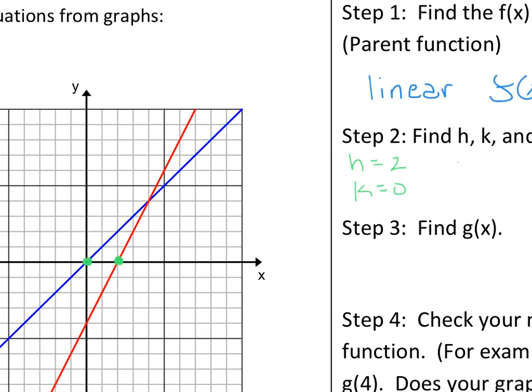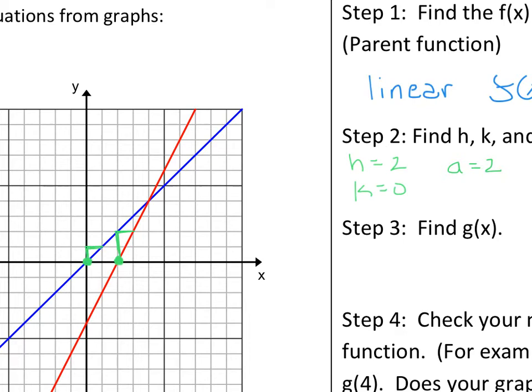And then our a would be, so this is the tricky part. The a is your tricky. So I went up 1 over 1, right? Here I went up 2 and over 1. So your a value went up 2 instead of 1, so it's going to be 2.